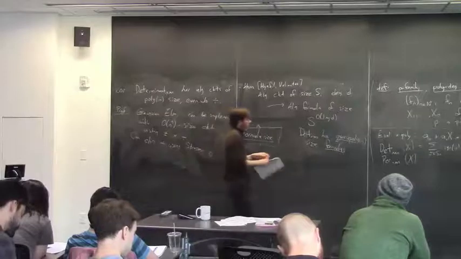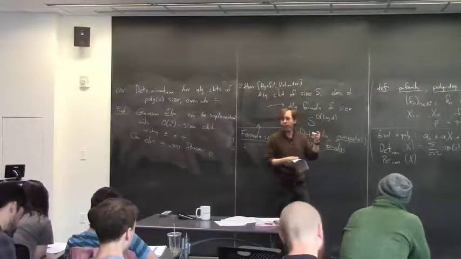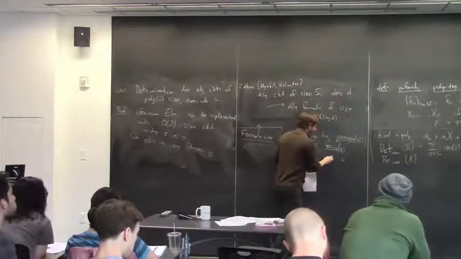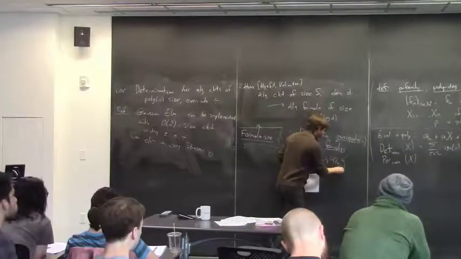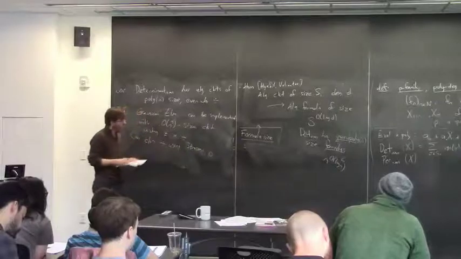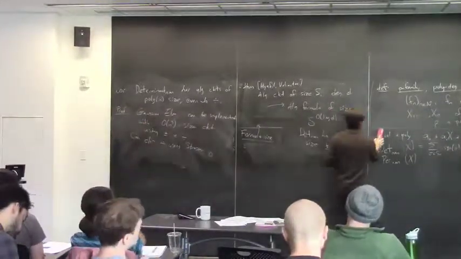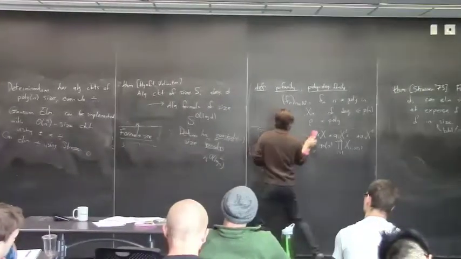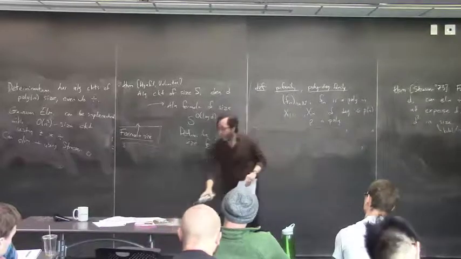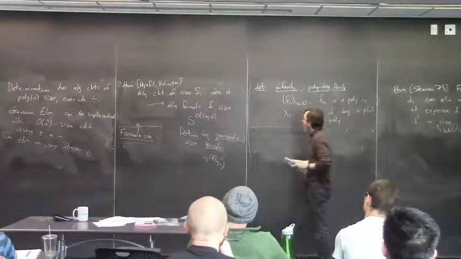Henceforth, when I say quasi-polynomial, I mean n to the polylog n. But actually, in this particular case, it's better. It's actually n to the log n. And in general, if you're only concerned about polynomial degree families of polynomials, then this degree d is polynomial, so this exponent is like log.